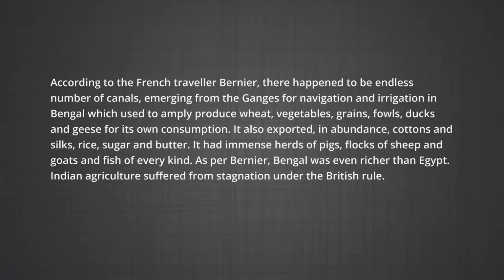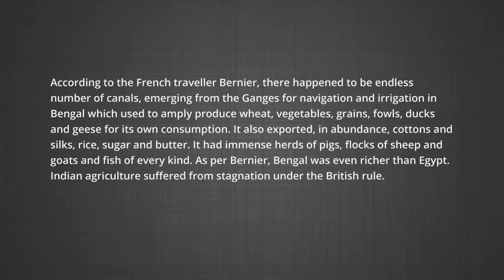According to the French traveller Bernier, there happened to be endless number of canals emerging from the Ganges for navigation and irrigation in Bengal, which used to amply produce wheat, vegetables, grains, fowls, ducks and geese for its own consumption. It also exported in abundance cottons and silks, rice, sugar and butter.